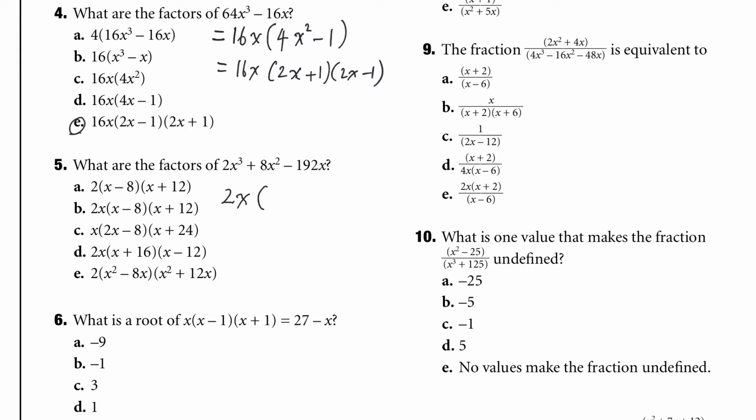So again, what times 2x gives you 2x cubed? It's x squared. And here I have 4x, because 4x times 2x gives you positive 8x squared. And what's 192 divided by 2? That's 96. And the second part, the bracket, is a simple trinomial.